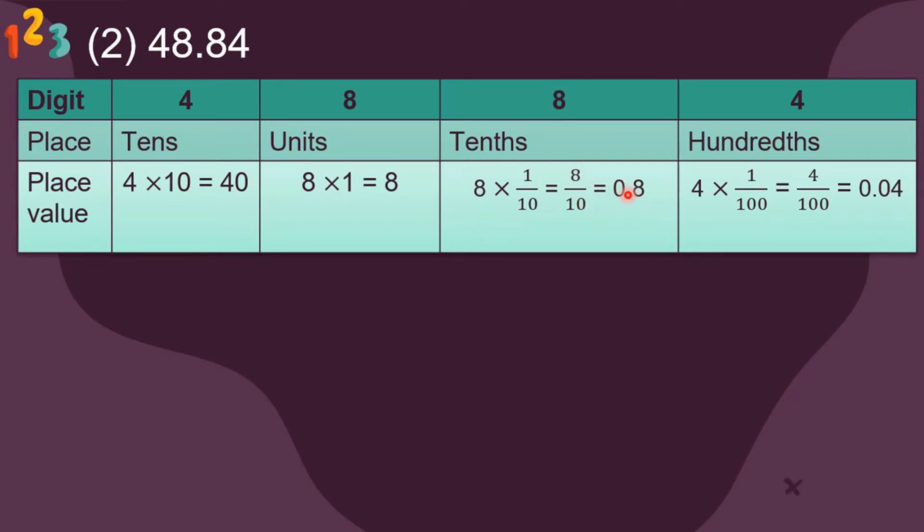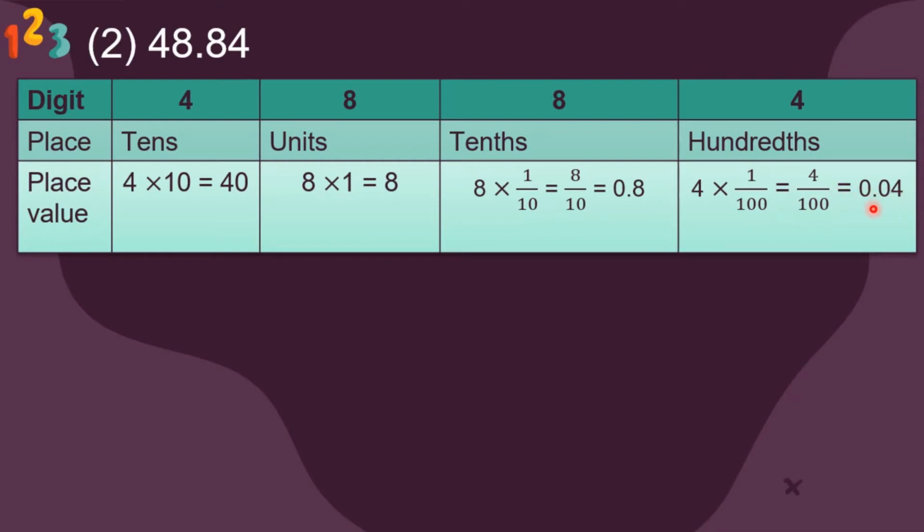Now the second place after the decimal point is the hundredths place. So here we have 4 in the hundredths place and its place value will be 4 into 1 upon 100, which is equal to 4 upon 100, which is equal to 0.04.